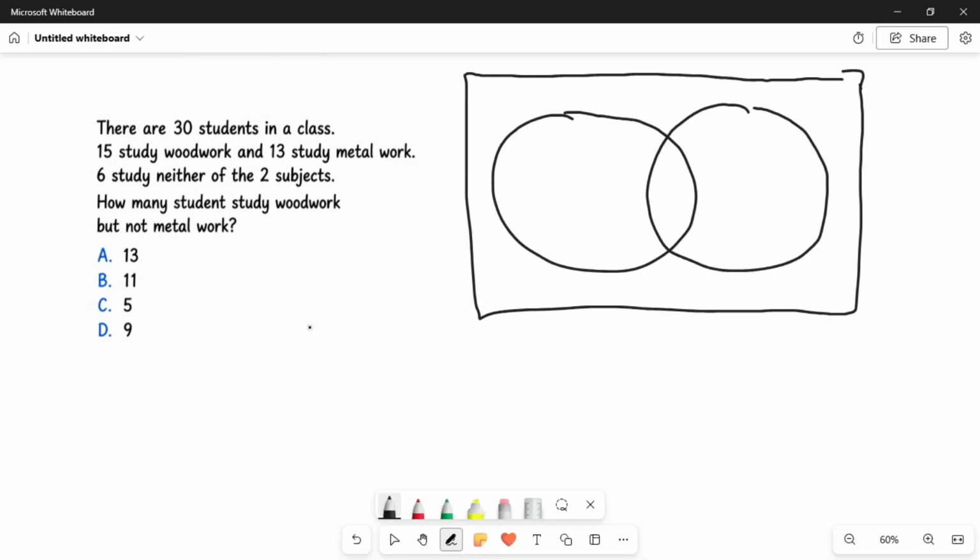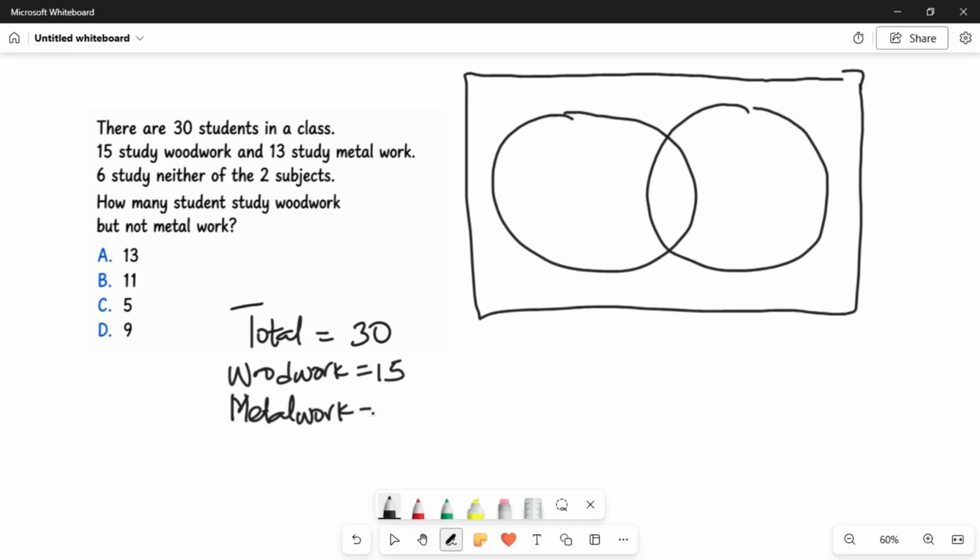So from the question, the total number of students is equal to 30. Then we have the number of students that study woodwork, we have it to be 15. Then the number of students that study metalwork, we have that to be 13. Okay.